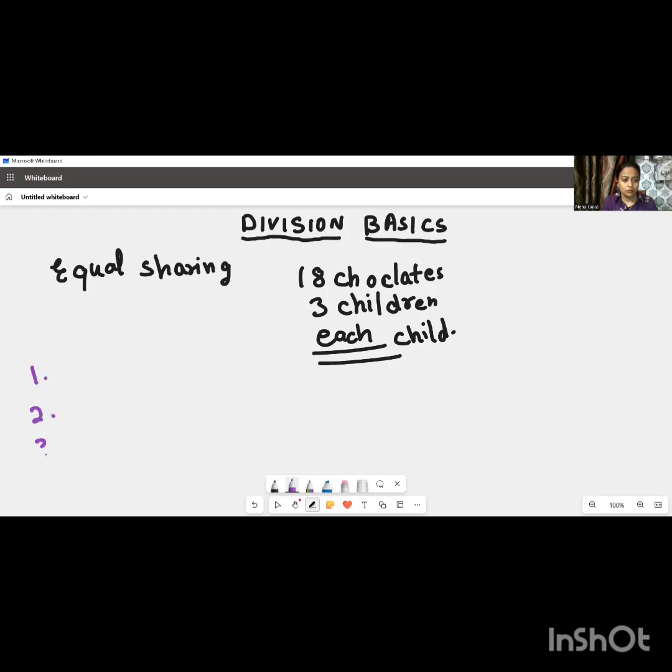The first is the divisor, then the dividend, and next the quotient. One more is the remainder. That fourth part is the remainder.